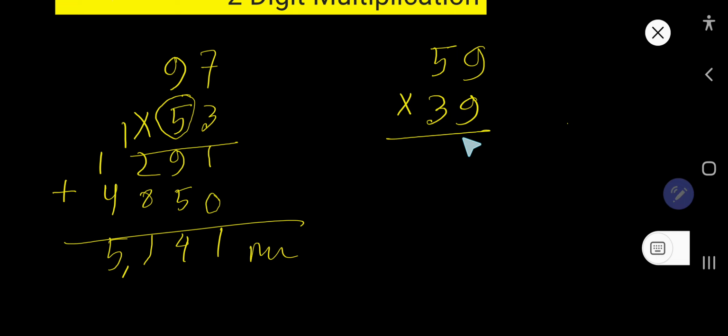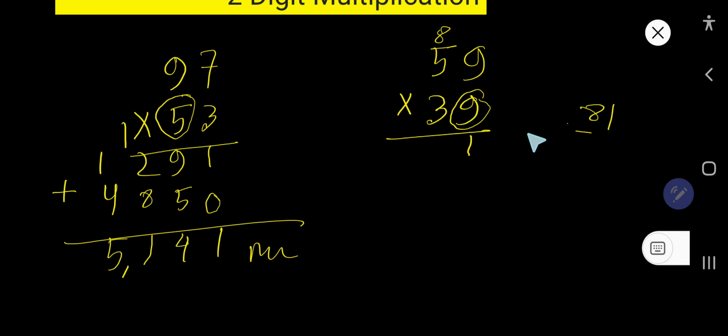Okay, let us consider this example. 9 times 9 equals what? 81, right? Write here 1, carry 8 to the next column.